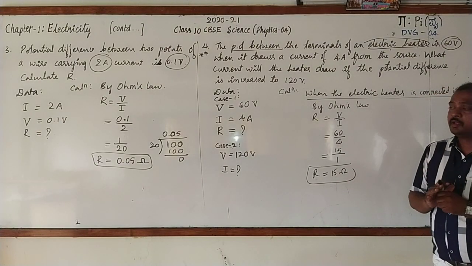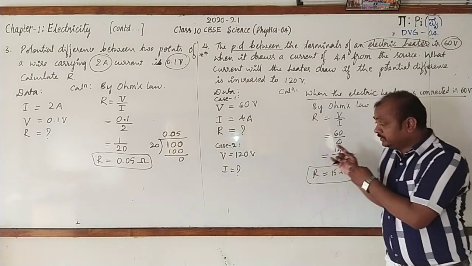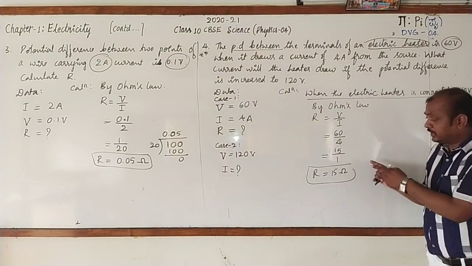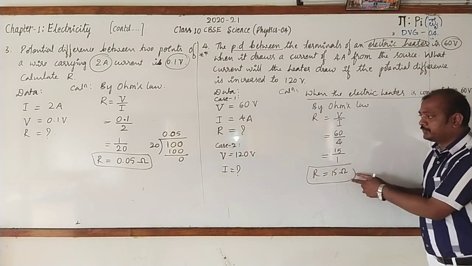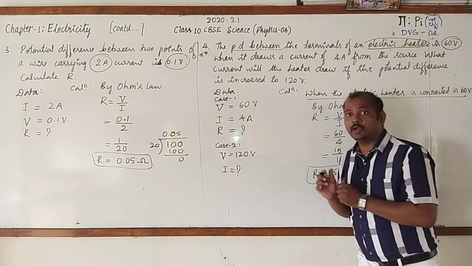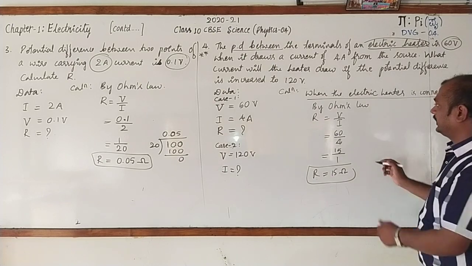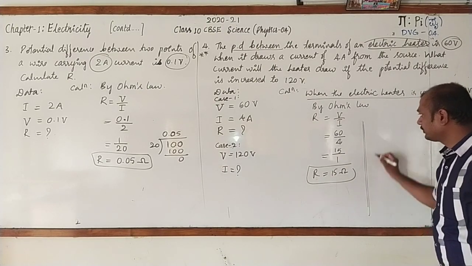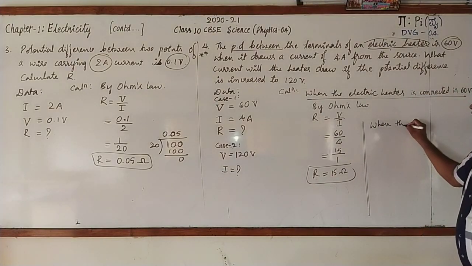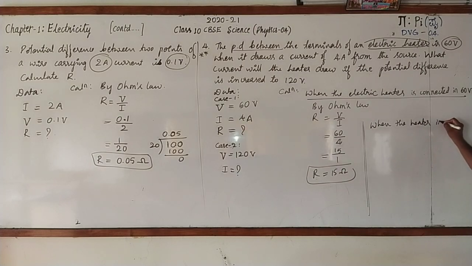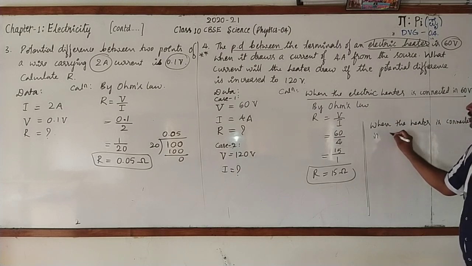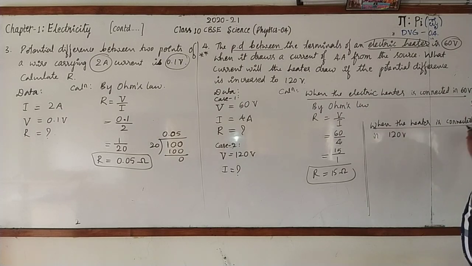So the electric resistance of the heater is 15 ohm. Clear? Okay. Now if this electric heater, having a resistance of 15 ohm, is connected in 120 volt, then what amount of electric current does it draw? Let us go for finding it out. Here I am writing, when the heater is connected in 120 volt.